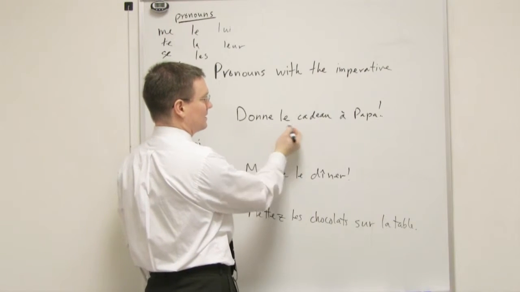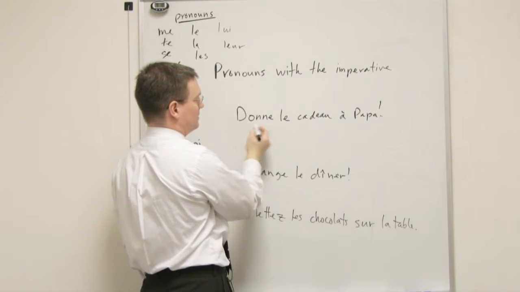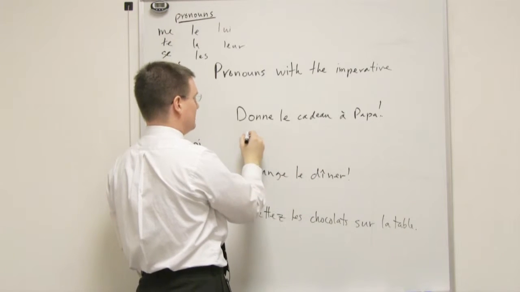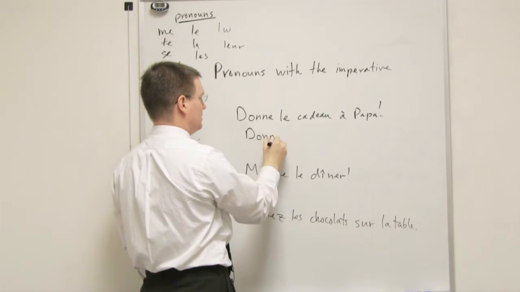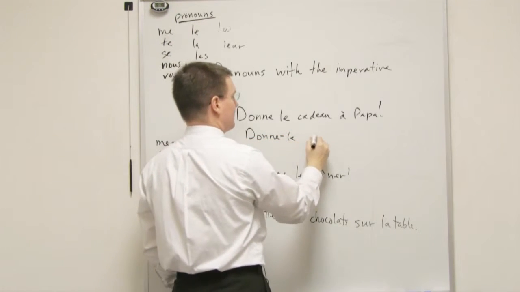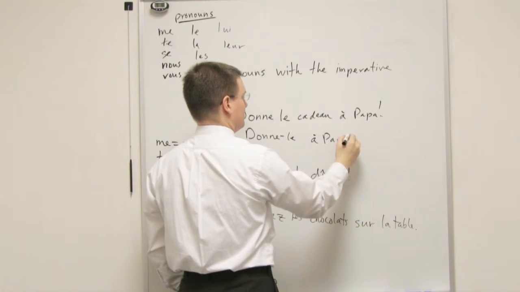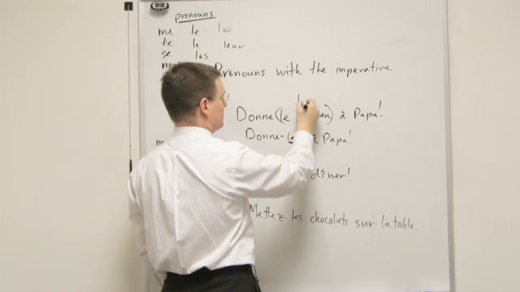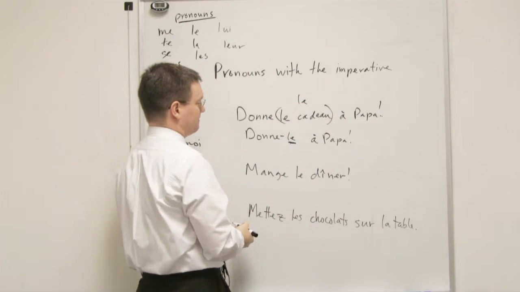So here we have "give the gift to dad," donne le cadeau à papa. "Give it to dad," you'd say donne-le à papa. This actually would become le because it's just the direct object here.